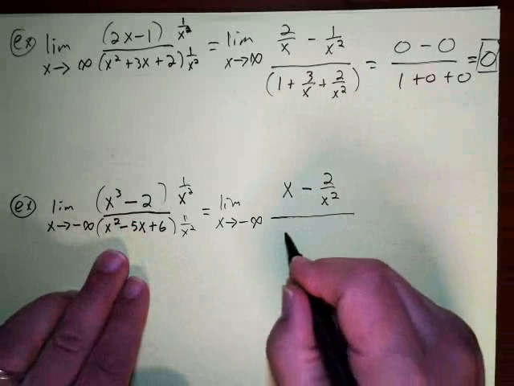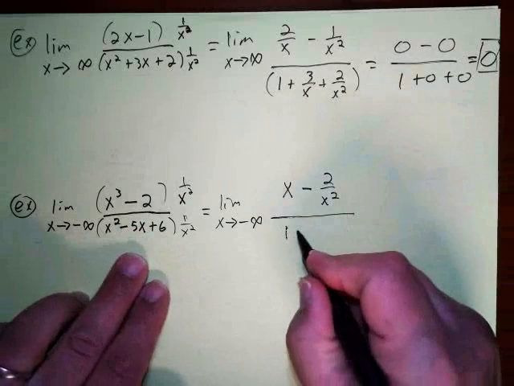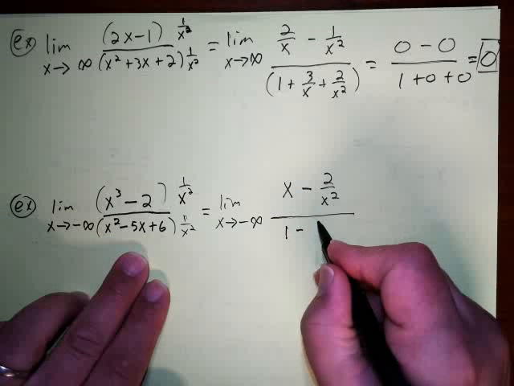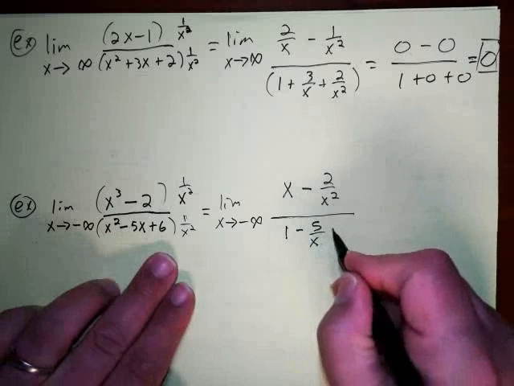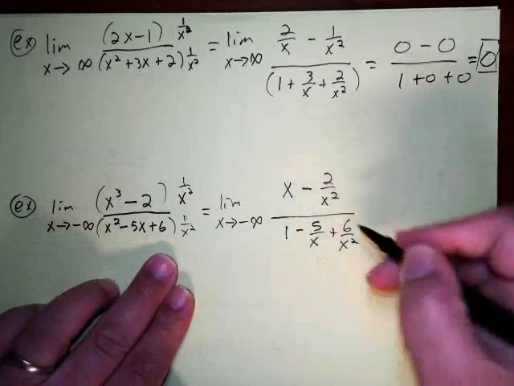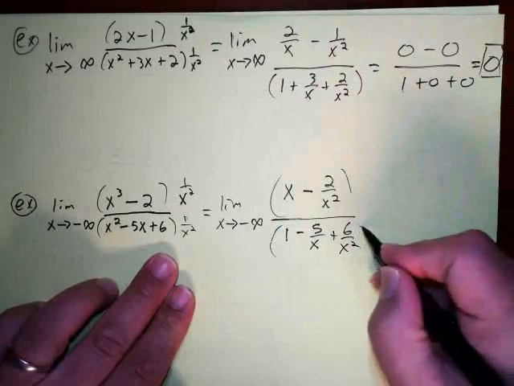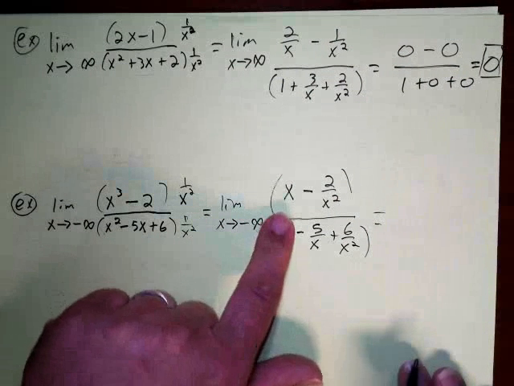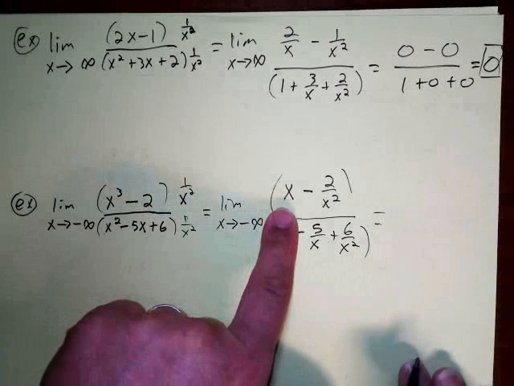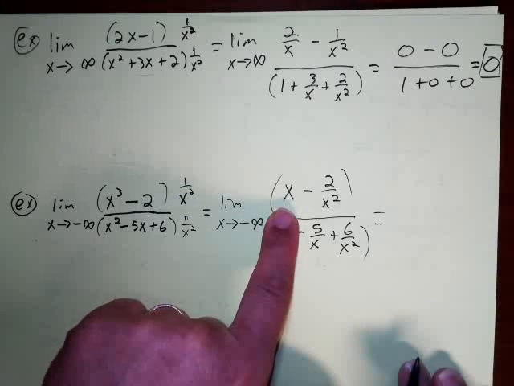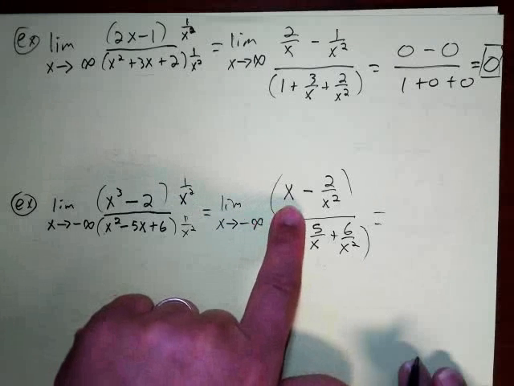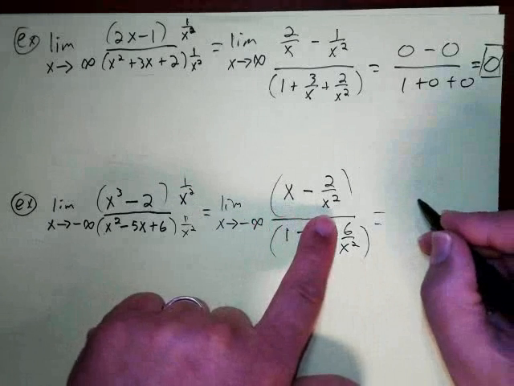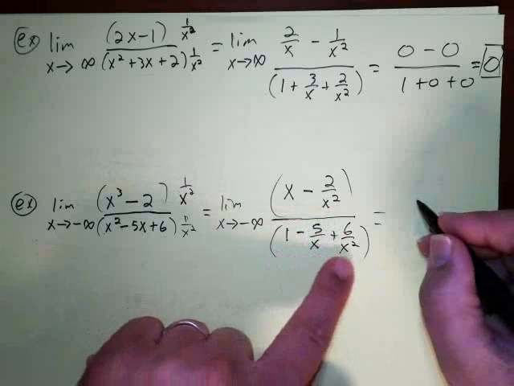And then distributing this over, we get 1 minus 5 over x plus 6 over x squared. Right? So you have this. Now notice, okay, we can take the limit of the top and bottom. As x goes to negative infinity, this will go to negative infinity, and this will go to 0. Right? And then both of these will go to 0.